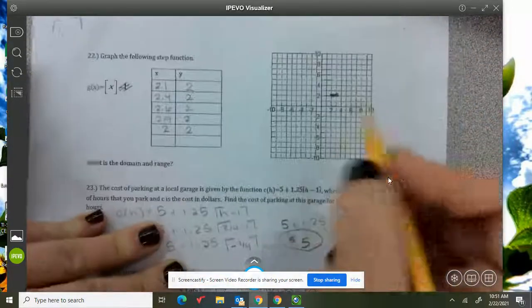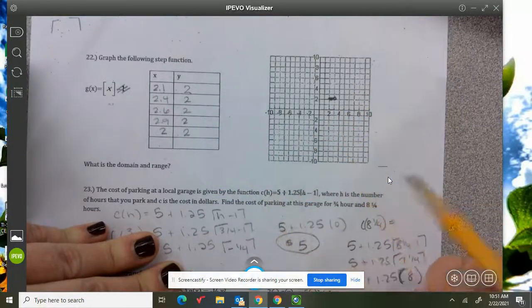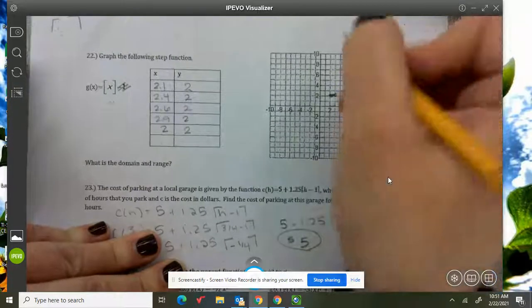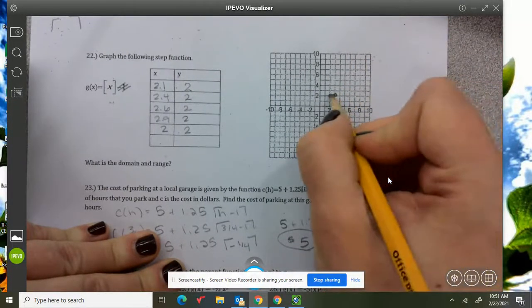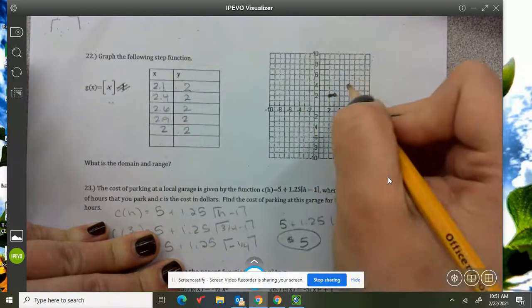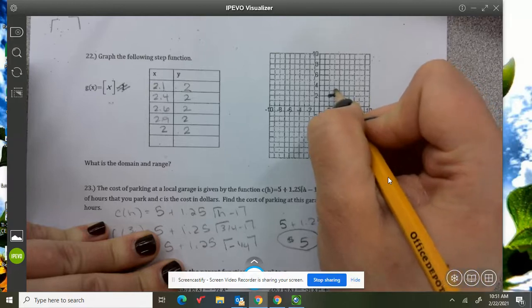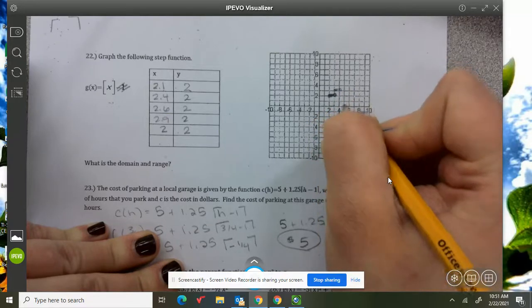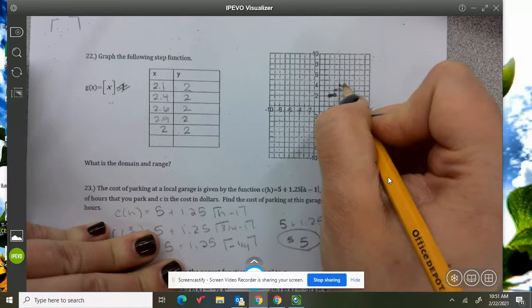So really, this is a horrible graph for graphing this, and I'm not going to make you on your test. I just want you to have practice with it. Whatever number you start out with, that's the dot. And then you go across to get to the next number, and it's an open circle because you won't touch that number. So the next, if I put in 3, you go to 3, fill it in to here. You go to 4, fill it in to here.